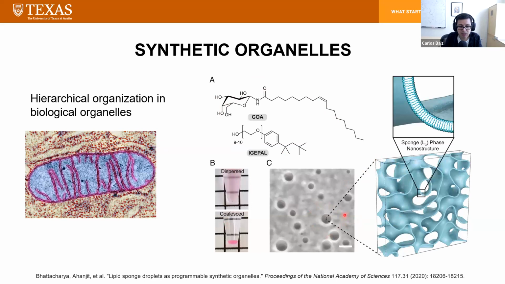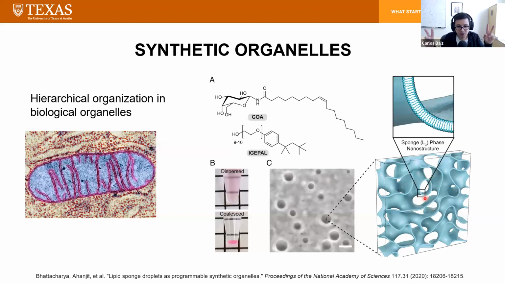These are relatively large, about 10 to 15 microns in size. The scale bar here is 15 microns, so you can easily see them in the microscope. The morphology inside of these droplet structures is analogous to an organelle. They form these channels.